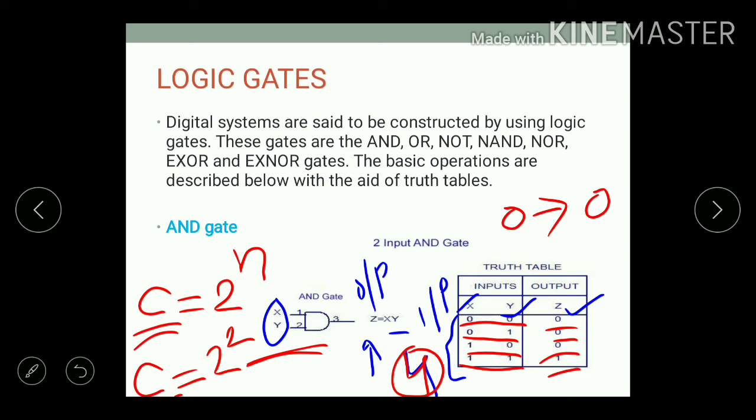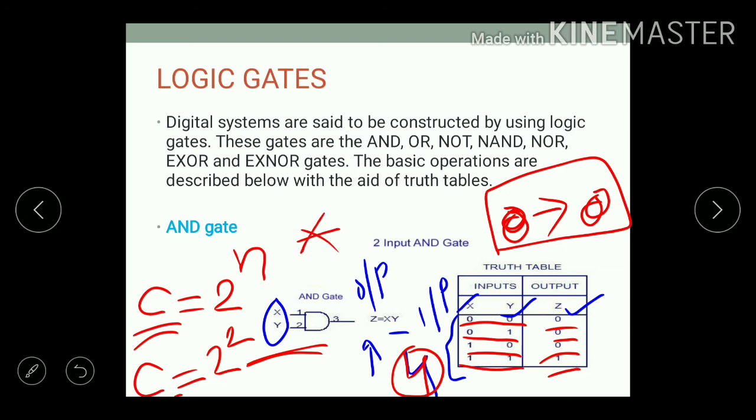This is the condition for the AND gate: if any input of an AND operation is permanently kept low, that is 0, the output is 0 irrespective of the other variable, because it is a multiplication.